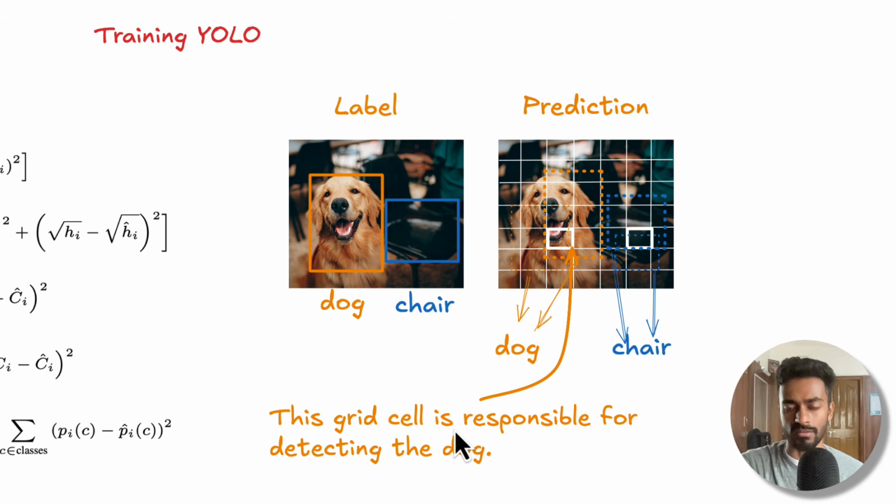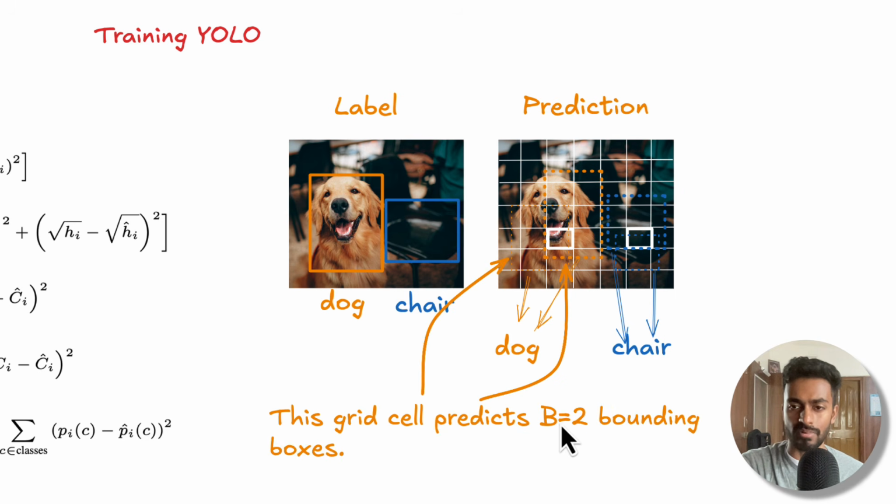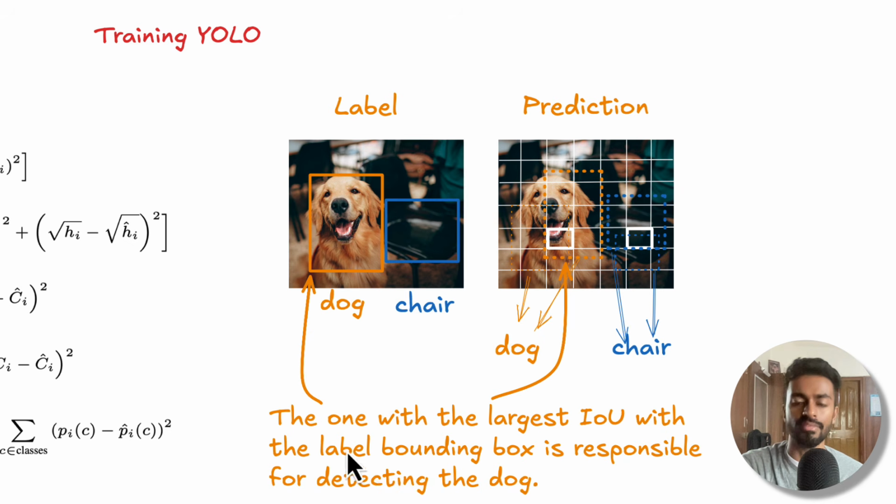So this is responsible for detecting the dog. It predicts B is equal to 2 bounding boxes. And the one with the largest intersection over union with the label bounding box is responsible for detecting the dog. So in this case, there are 2 bounding boxes, but this big one over here has probably a larger overlap with this label, and hence it is responsible for detecting this dog.